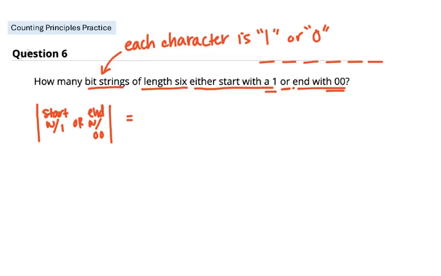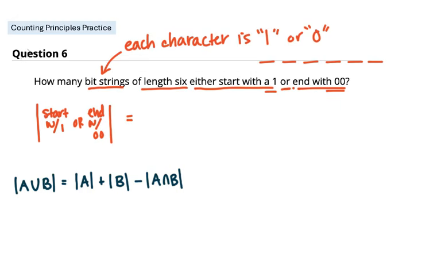Let me show you the general rule that I'm going to be working with. The quantity of A or B means you can say, well, it's the quantity associated with A plus the quantity associated with B minus anything that is duplicated. So if it's both A and B at the same time, we'll subtract that, so we're not counting twice.